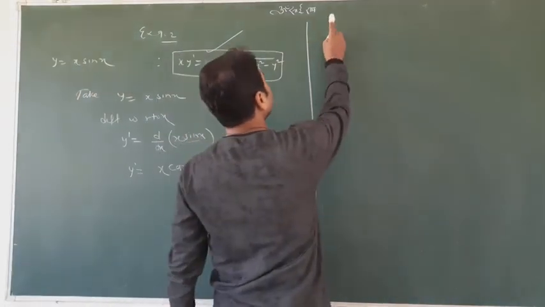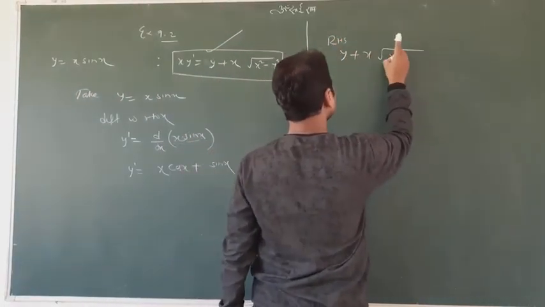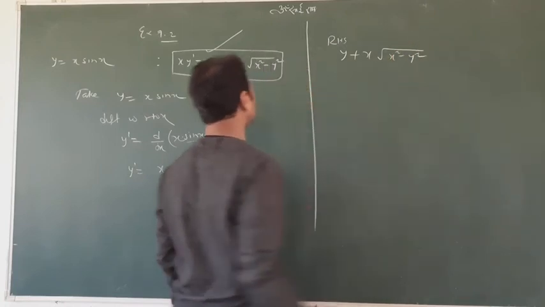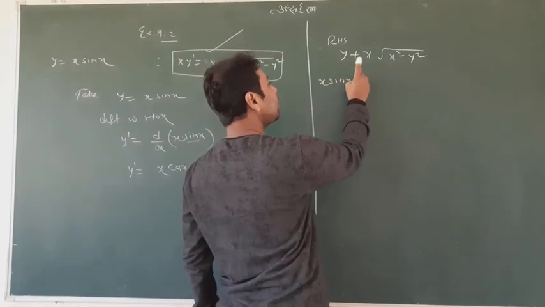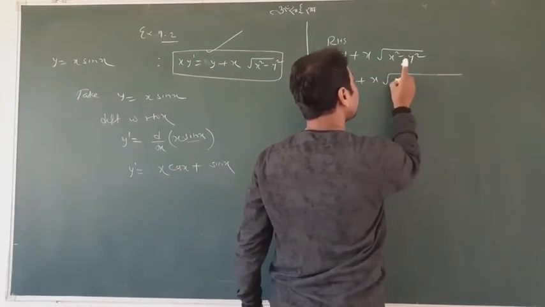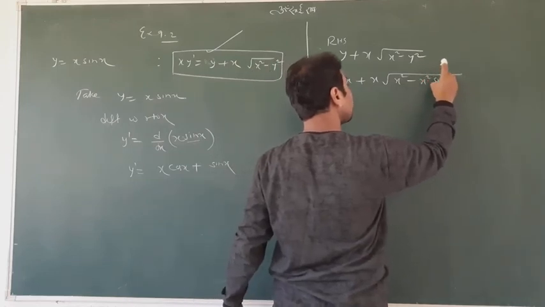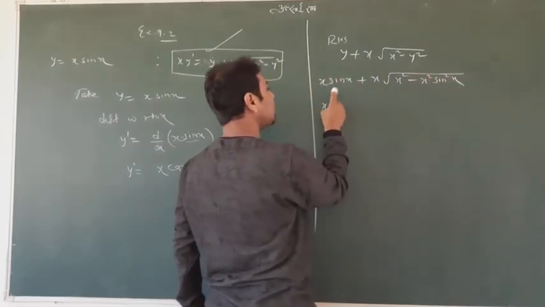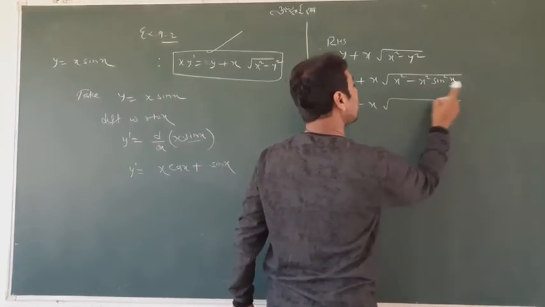Look at it. On the right hand side I want to take y plus x into x square minus y square. Can you put the values? Value of y is x sin x. So x sin x plus x into x square minus, value of y is x sin x, x square sin square x. Now, in x sin x plus x, can we take x square common?